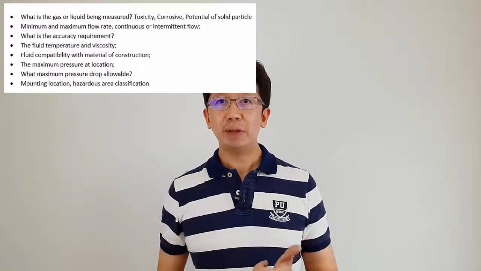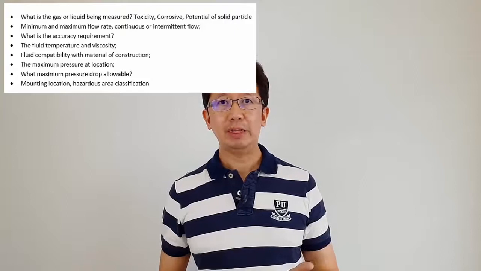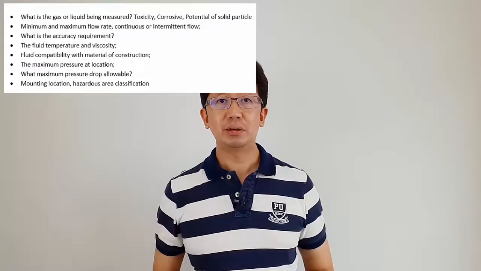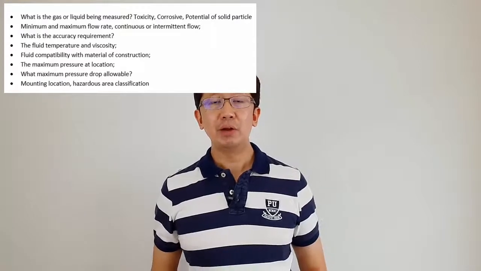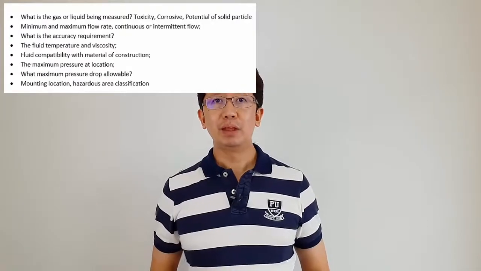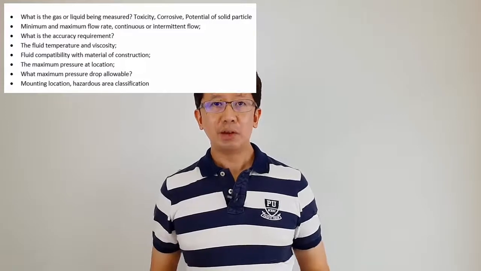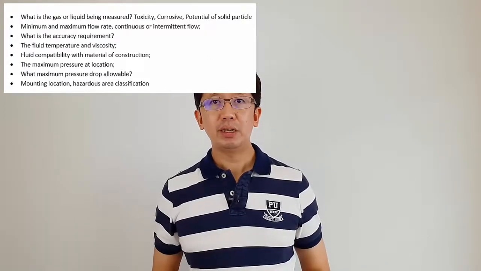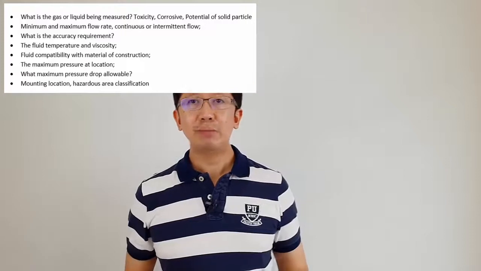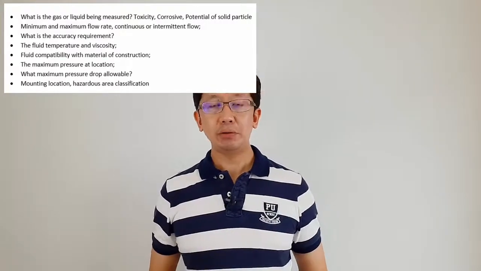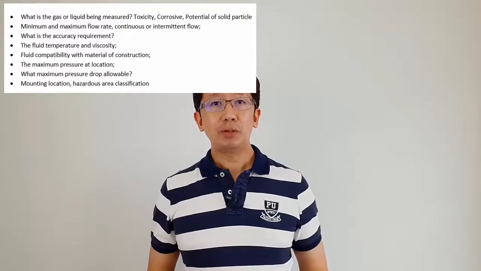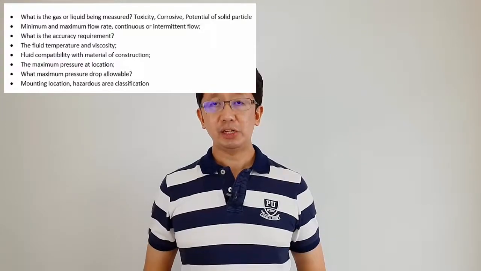Some more information is necessary, such as what gas or liquid is being measured, toxicity, corrosiveness, potential for solid particles, minimum and maximum flow rate, whether continuous or intermittent flow is required, what the accuracy requirement is, how much the fluid temperature is, how much the viscosity is, fluid compatibility with the material of construction, the maximum pressure at the location, what the maximum allowable pressure drop is, and how about the mounting location, hazardous area classification or not.